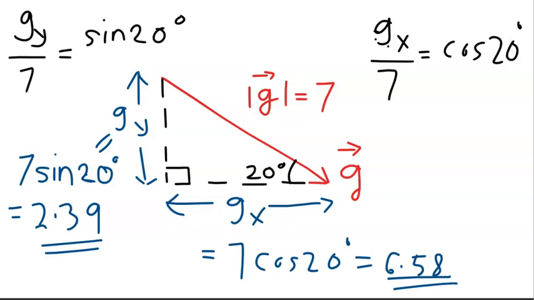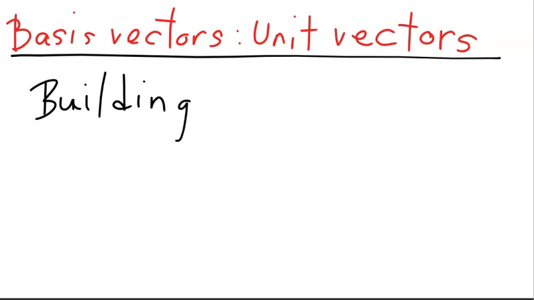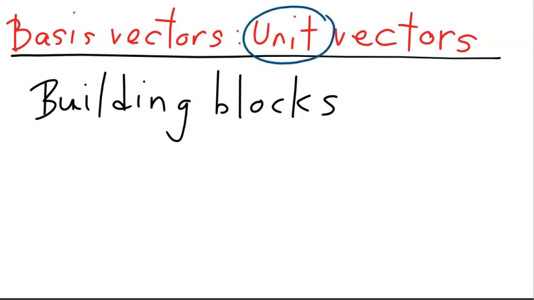of a particular vector. Next, let's look at the concept of basis vector. Basis vectors are building blocks that we can use to express other generic vectors. And we build basis vectors using unit vectors. The three unit vectors that we can use are as follows.